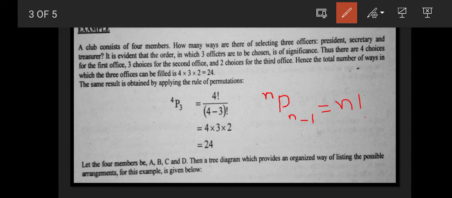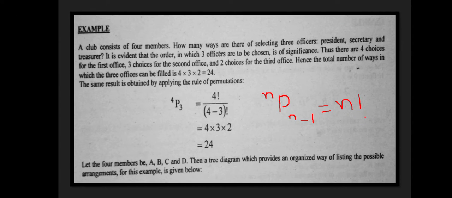Just like 4P3 is 4P(4 minus 1) is equal to 4 factorial, because in the denominator we have 4 minus 3, that is equal to 1, and 1 factorial is equal to 1. So 4P3 is equal to 4 factorial, and nP(n minus 1) is equal to n factorial. This is an important result.